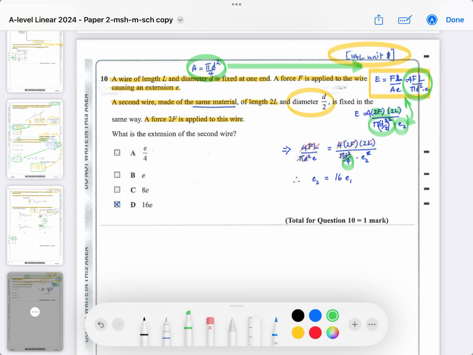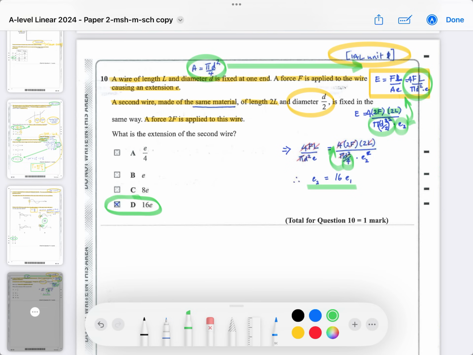So we've got 4 at the top, and 4 as a fraction should go to the top. So 4 times 2 times 2 on the top is 4 times 2 is 8, times 2 is 16, which shows that E2 will be 16 times E1, yes? So you put E2 on the other side, and you just change the subject of the equation, and you should get D.